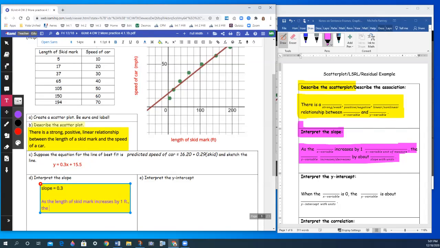And our y is represented by the speed of a car, and then you have to look at your graph, decide if it's increasing or decreasing, and it's increasing, so increases by 0.3, because that's our slope, miles per hour. Okay, get all of that to be black.